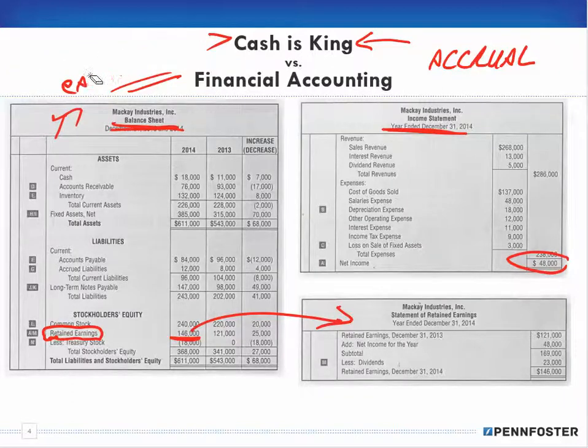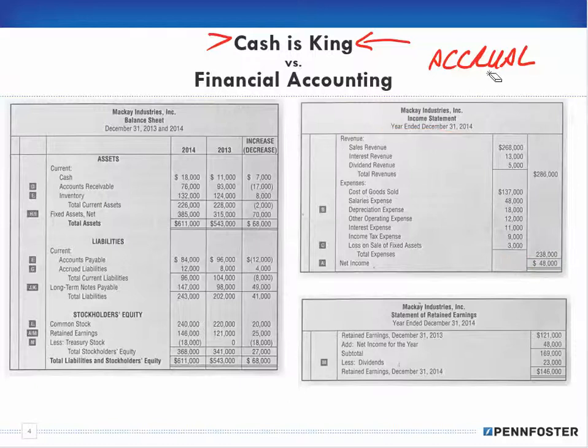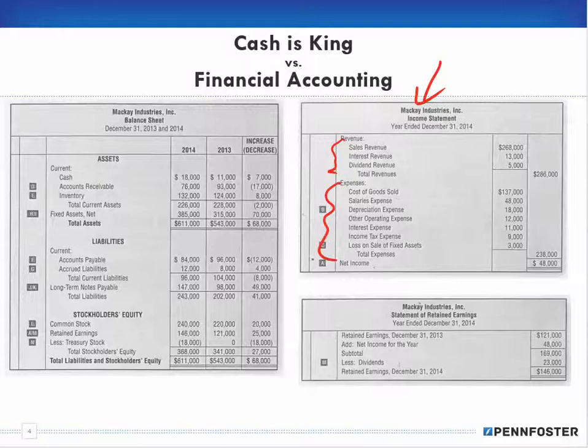Now, remember, these statements are in the accrual basis. So to give some idea as to what we're going to be doing here, we'll just concentrate on the income statement for our purposes to give you a little bit better idea. All right. When we look at our income statement, we have our revenues and we have our expenses.